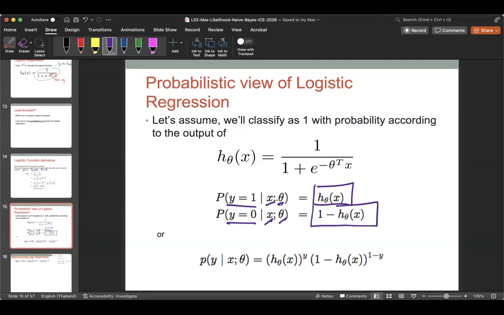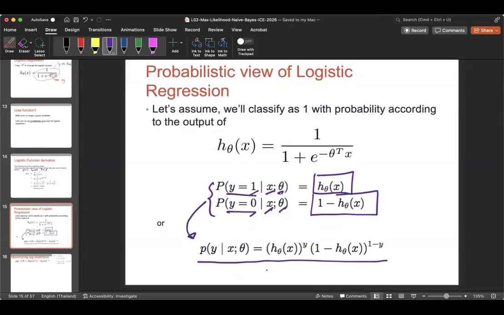Writing this as an equation, you have to separate it into two cases, either 1 or 0. Since it's only 1 and 0, there's a simple trick to combine the two cases together. You can combine these two equations into one.